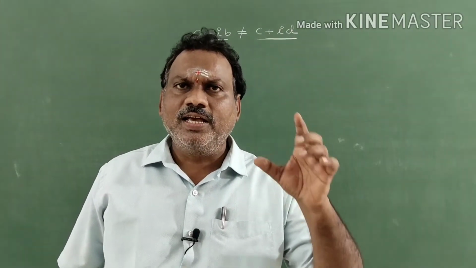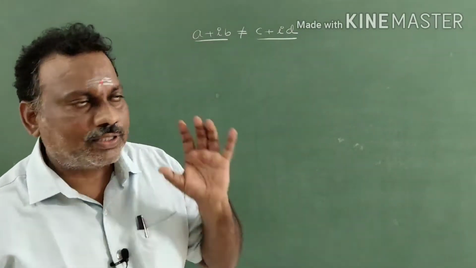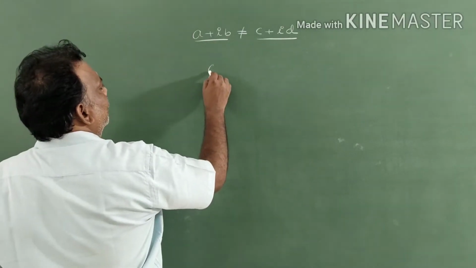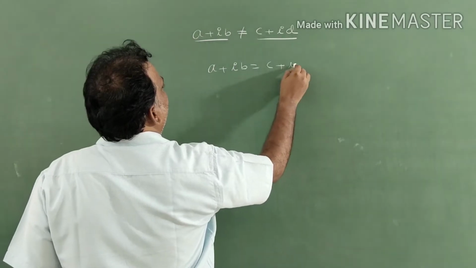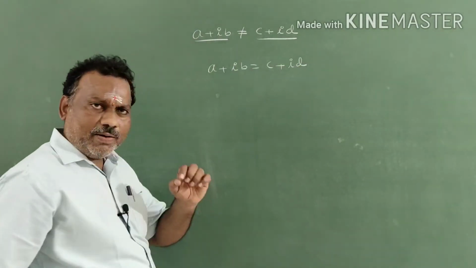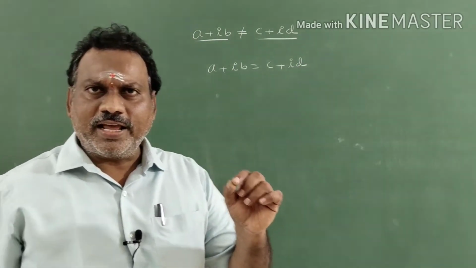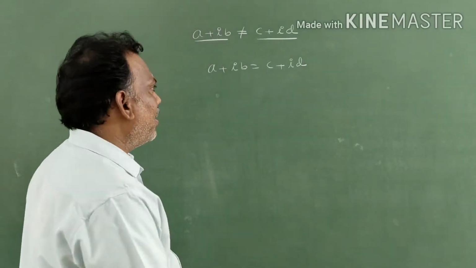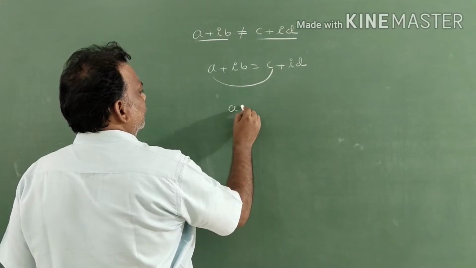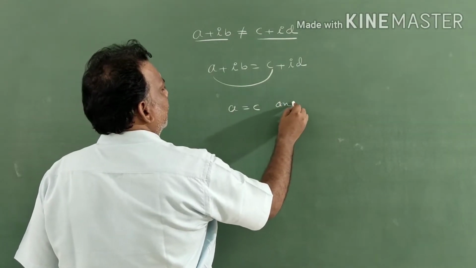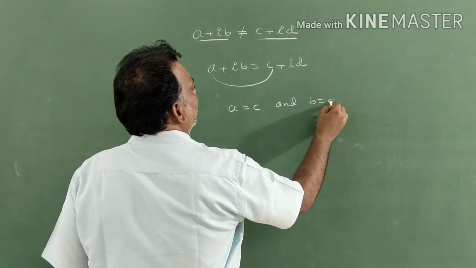In peculiar cases, they can be equal. Suppose they are equal, what is the condition? Yes, their real parts are equal and their imaginary parts are equal. What does it mean? The real parts are a and c, and the imaginary parts are b and d.